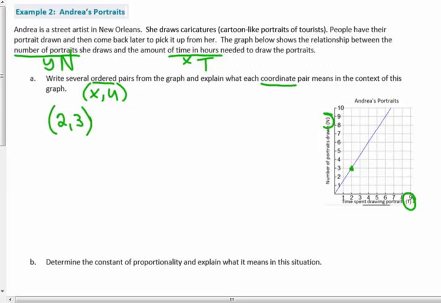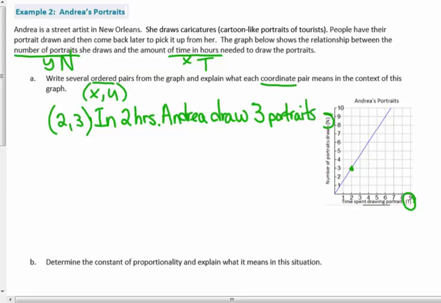It means in 2 hours, 2 comes first, Andrea draws 3 portraits, or 3 caricatures, or 3 pictures, but I'll say portraits because it's easier to spell than caricatures. So in 2 hours, go over 2, she draws 3 portraits, right?